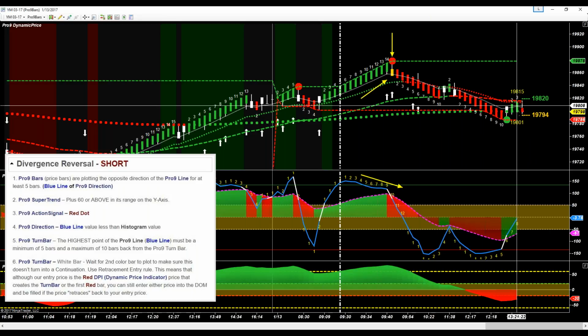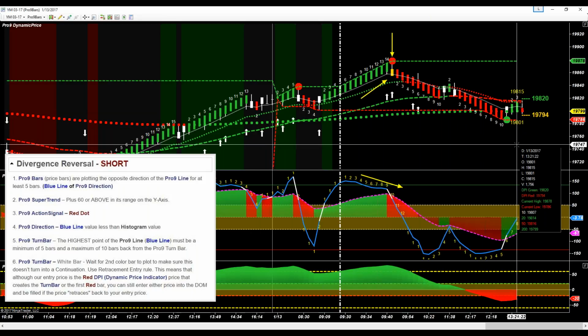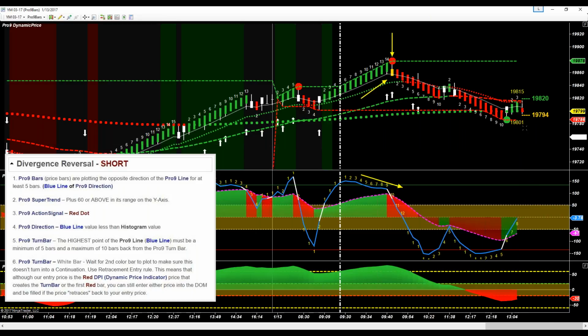If I click on the data box before, because this bar isn't finished plotting yet, so if I click on this box, I check my data box on the bar before, it will display the same DPI numbers. You can see that in my data box, DPI green is 19,820, DPI red 19,794.